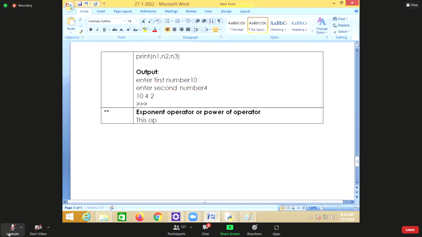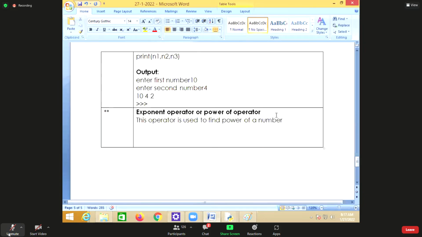This operator is used to find the power of a number. If you want to find the power of a number, you can do it using the exponent operator. So the operator here is star and star.